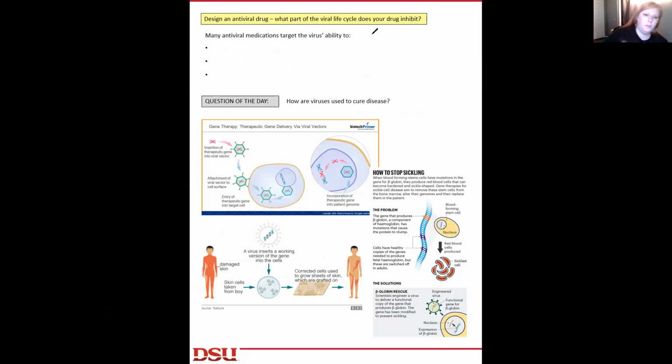So many antiviral medications target the virus's ability to do three specific things that are required for the virus to make more of itself. The first one is just to keep it from attaching in the first place.